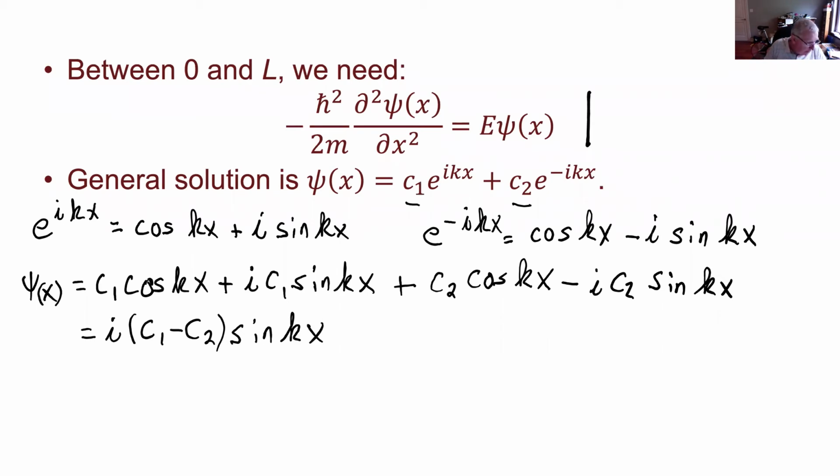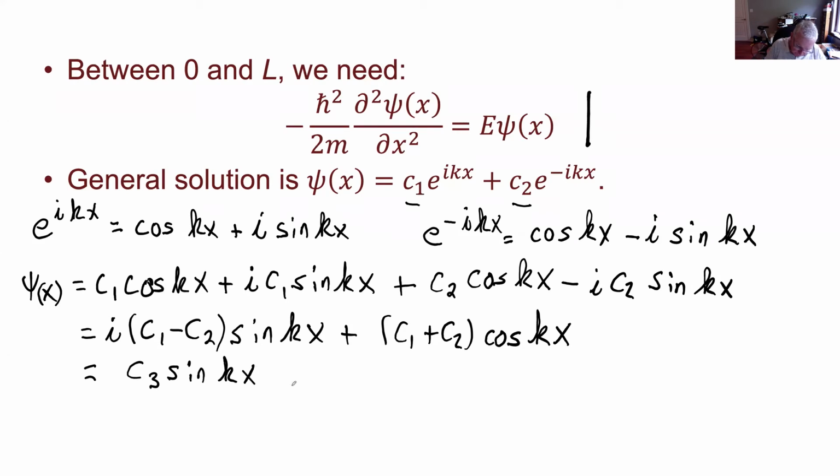And then I have plus a piece which is C1 plus C2 times cosine kx. And in a way similar to what your textbook does, I'm going to take those coefficients and give them new names. So I'm going to call this C3 sine kx plus C4 cosine kx.